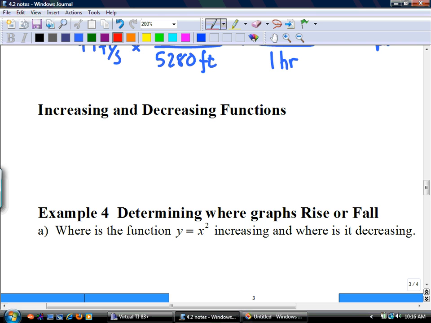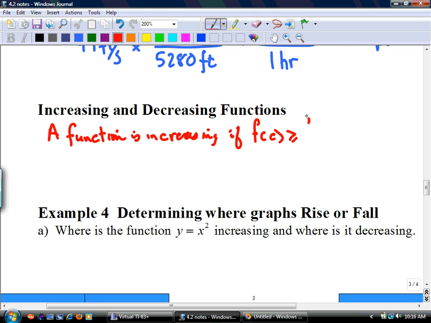Okay, a function is increasing if f of x is bigger than f of c.